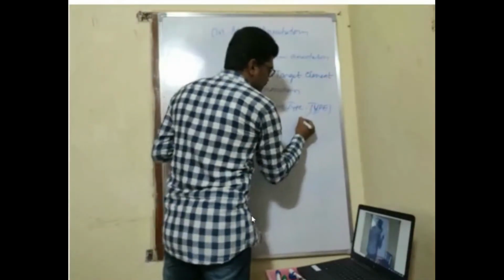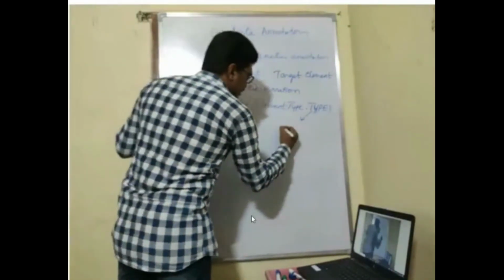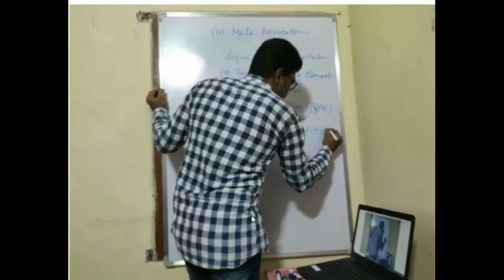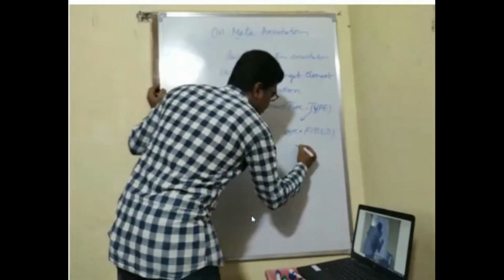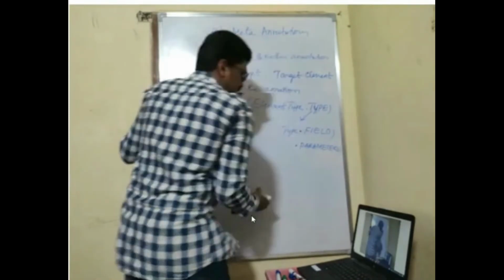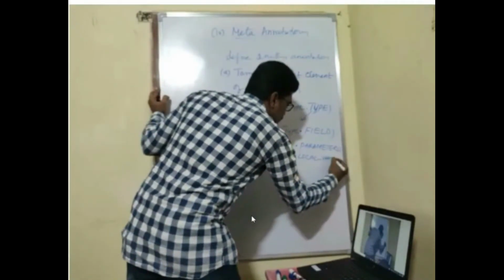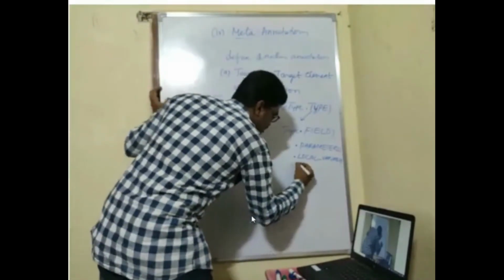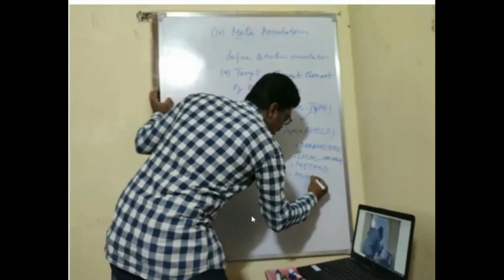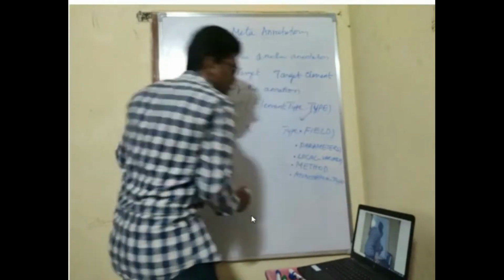Whenever you use this, it tells what the annotation is used for. Target ElementType.FIELD; similarly ElementType.PARAMETER, ElementType.LOCAL_VARIABLE, ElementType.METHOD, ElementType.ANNOTATION_TYPE. These are the values that it takes.